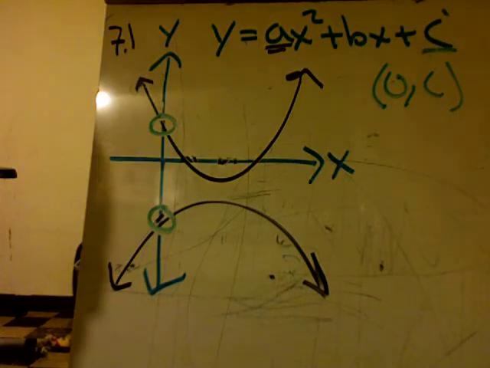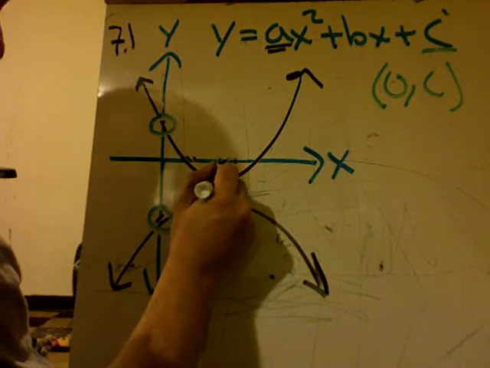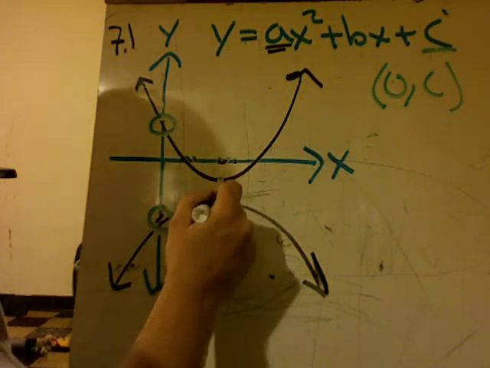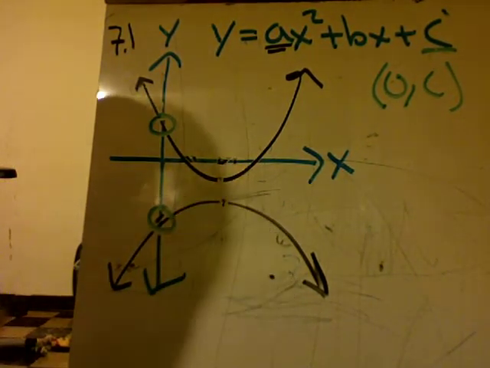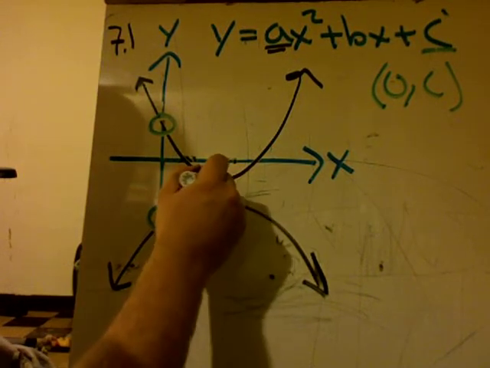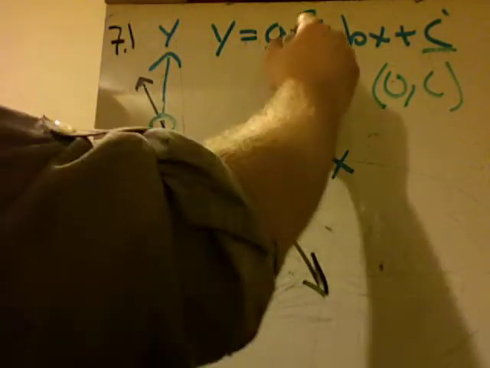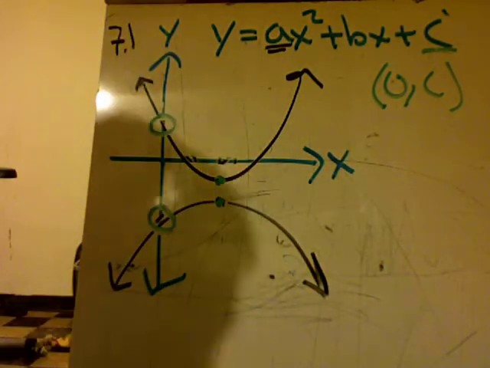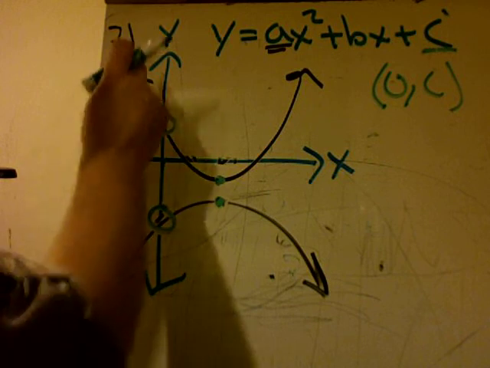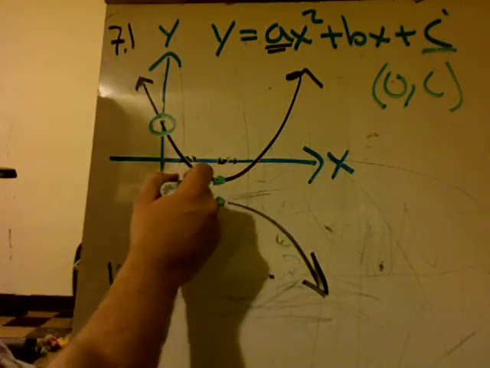Okay? Now the parabola also has this thing called a vertex. I like to look at the vertex as the starting point of your parabola. Okay? The vertex is where that parabola begins. If you have a positive parabola, in other words, our a value is positive and it's pointing up, our vertex is a minimum.